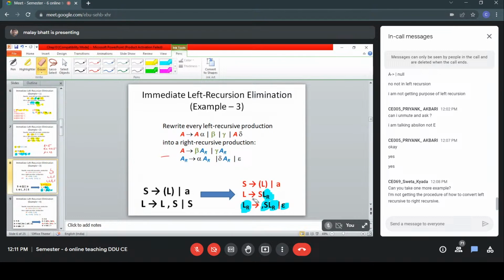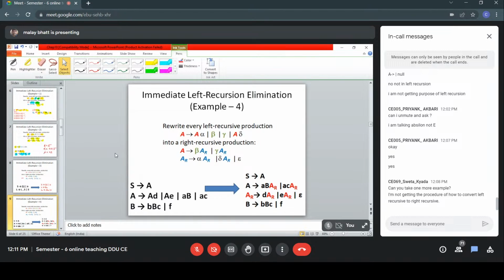How to eliminate the left recursion? Let us have one more interesting example. So now S gives A, this is our example 4, S gives A. So there is no left recursion. So it will be as it is. We are not changing it. Now for A, we have A AD. So there is a left recursion.